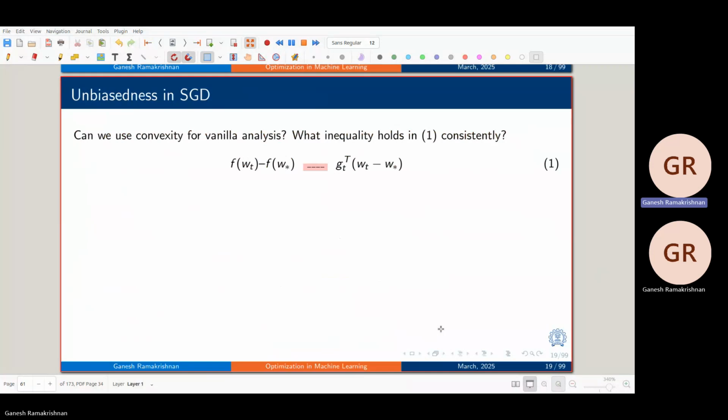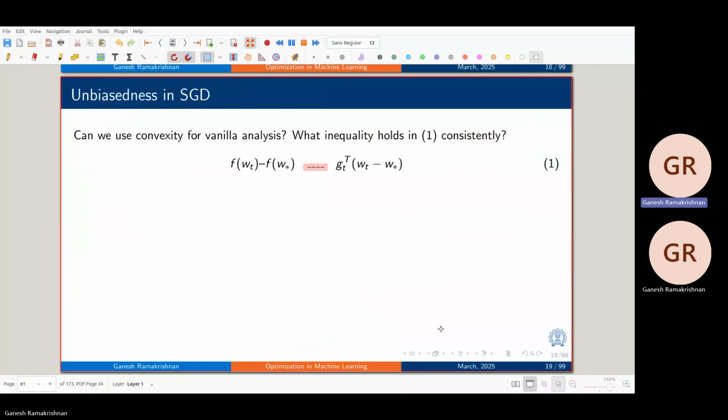The keyword here is unbiased estimator. So imagine that I had an unbiased estimate of the full gradient. So what happens to this? I think one of your friends has already given the answer, right?